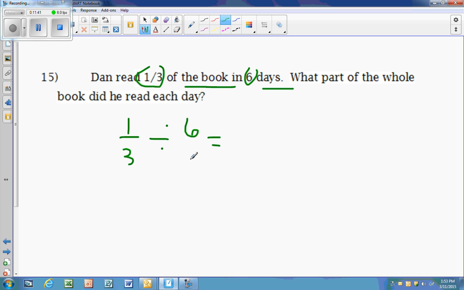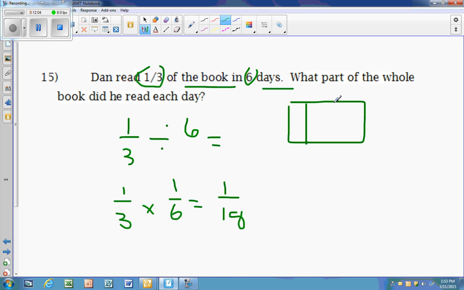So there it is, and we're going to do our 1/3 times 1/6, and he's reading 1/18 every single day. 1/18 will tell me how much he's reading every day, because here's our 1/3, and we split our 1/3 into 6 days. And that gets us to our 1/18.